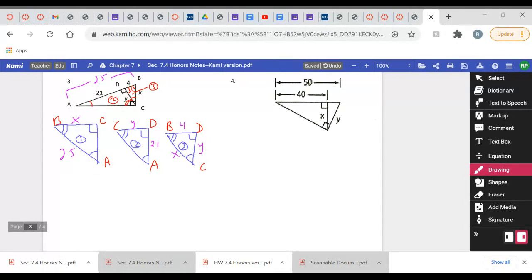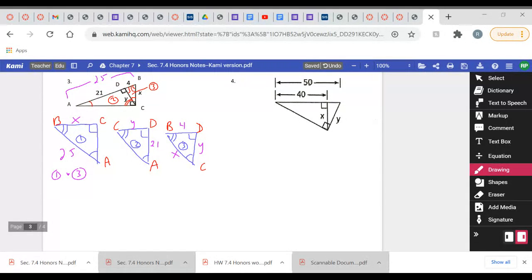All right, so now I don't know all the lengths, but I know enough to set up some proportions to solve for the missing pieces. So if I look here at triangle 1 and triangle 3, I see that I can set up a proportion to figure out what x is.